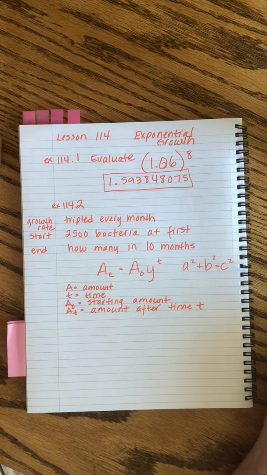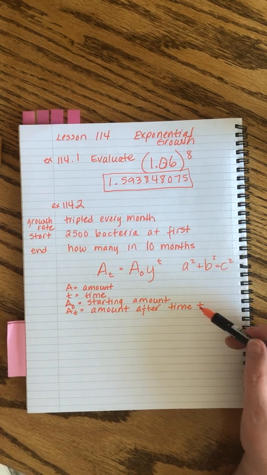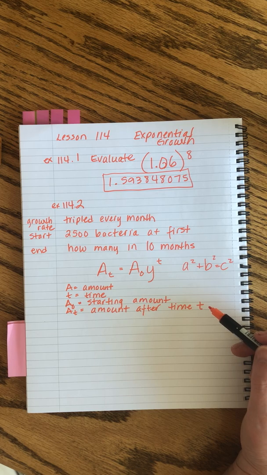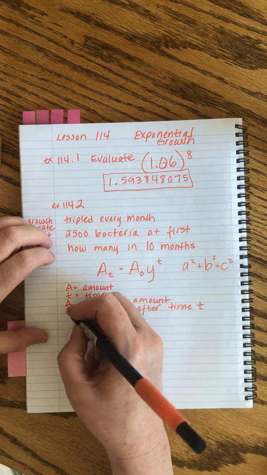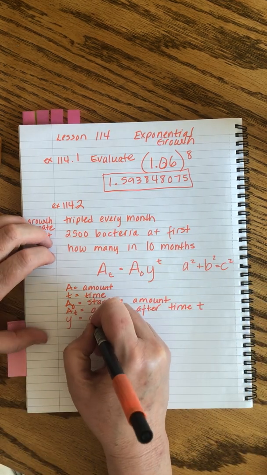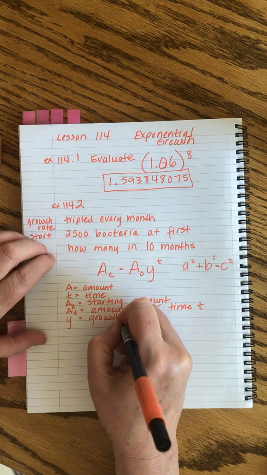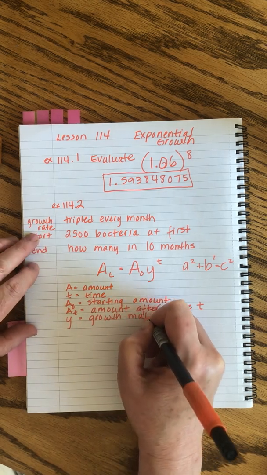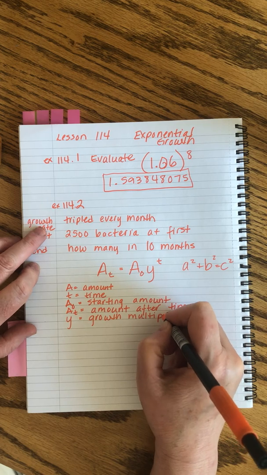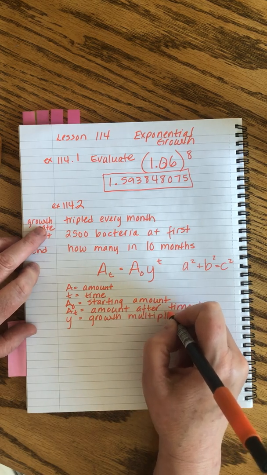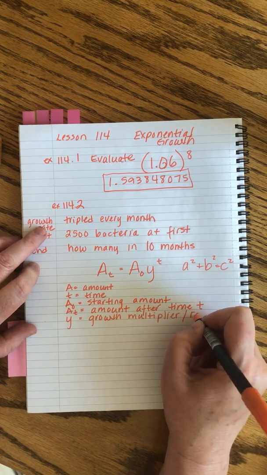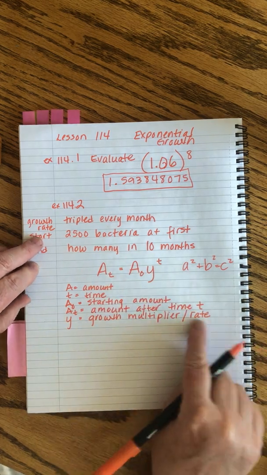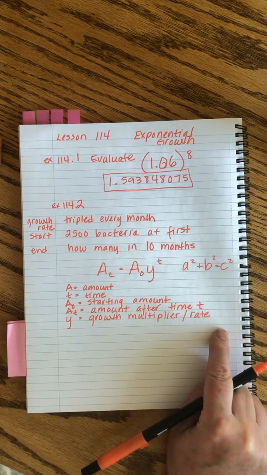So if it's 6 months or 8 weeks or whatever, that's the number we use. And then Y equals what we call the growth multiplier. And that's like the growth rate, same difference. Multiplier or rate. Okay, you'll see that both of those words are used in different scenarios.